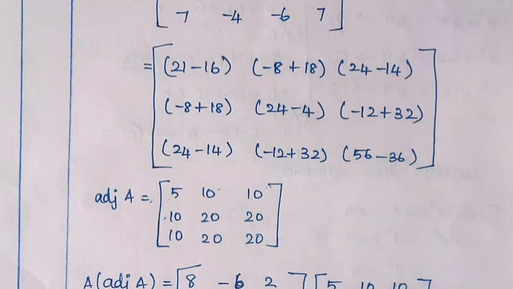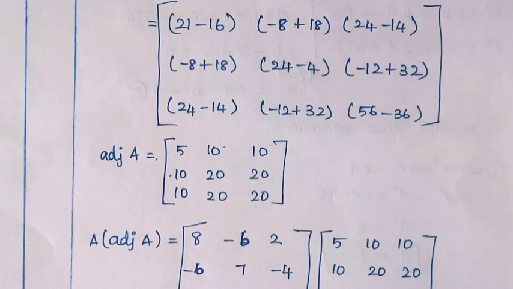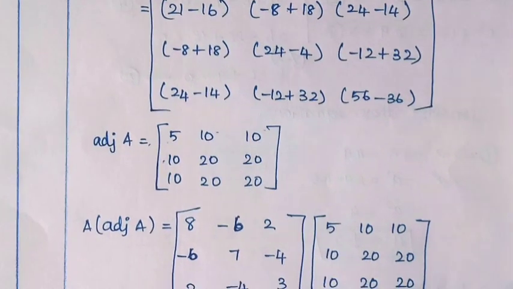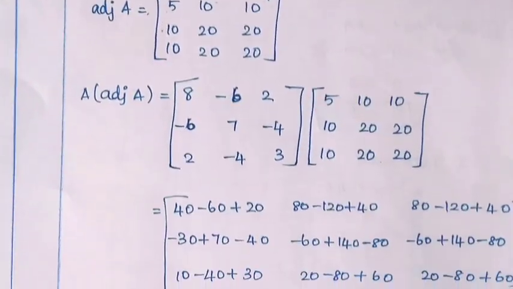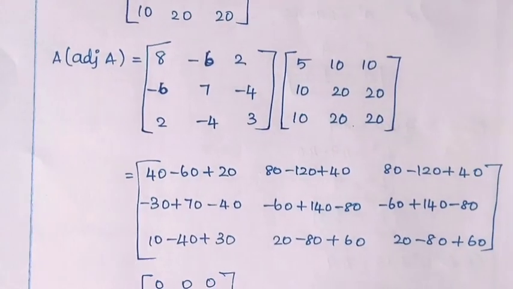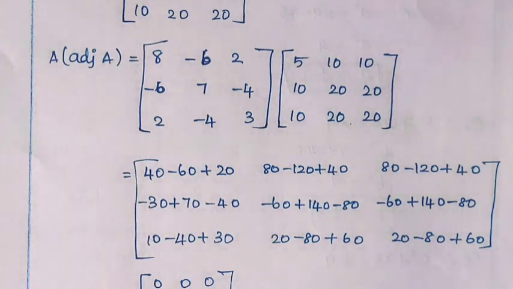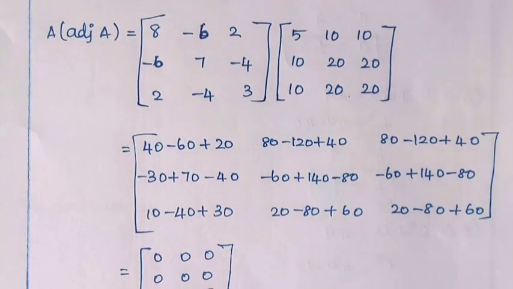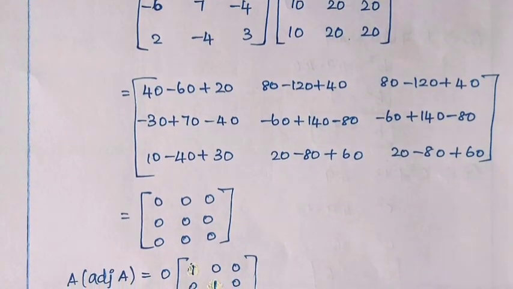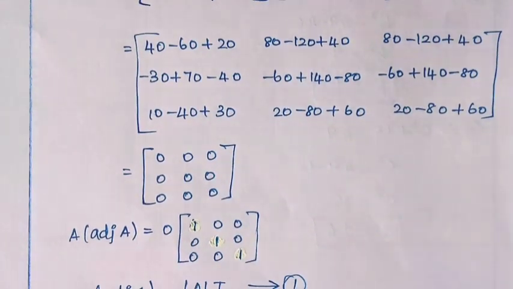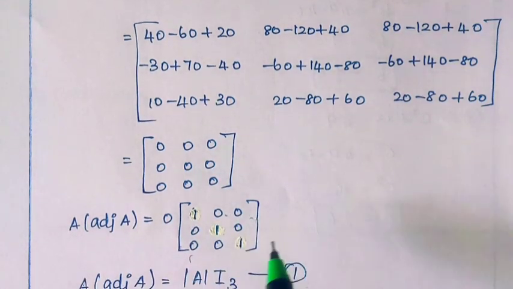And then A adjoint A we have to multiply, so A and adjoint A. After multiplying it we get 0 0 0, 0 0 0, 0 0 0. So A adjoint A is equal to 0 into adjoint A, that is 1 0 0, 0 1 0, 0 0 1.